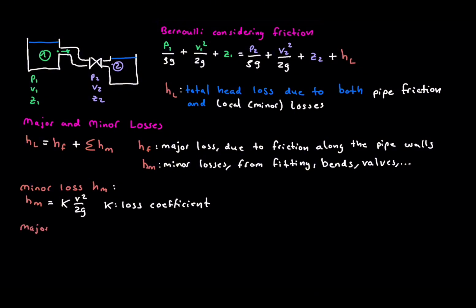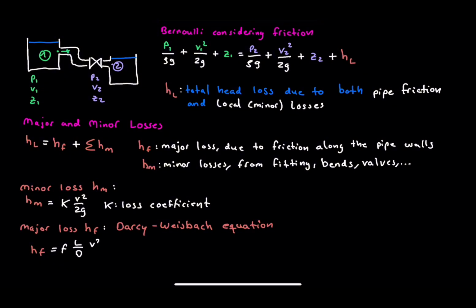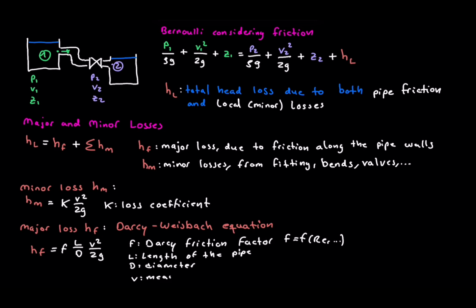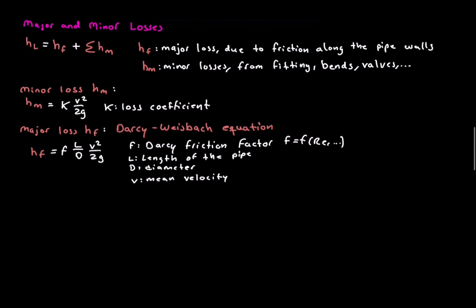For the frictional part, engineers use the Darcy-Weisbach equation. h sub f equals f times L over d times velocity squared over 2g, where f is the friction factor, L the pipe length, d the diameter, and v the mean velocity. The friction factor depends on the Reynolds number and the pipe roughness. That's what we'll study next time.